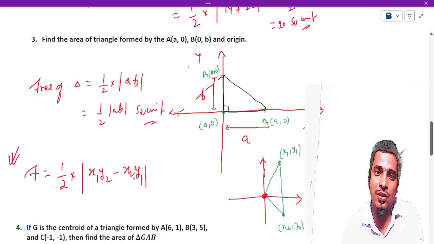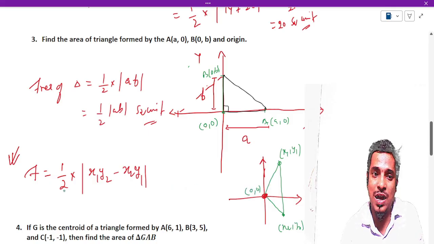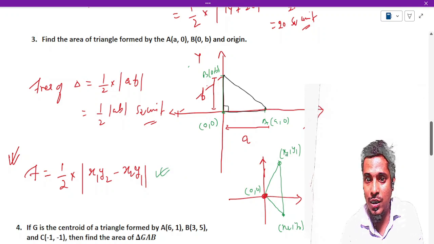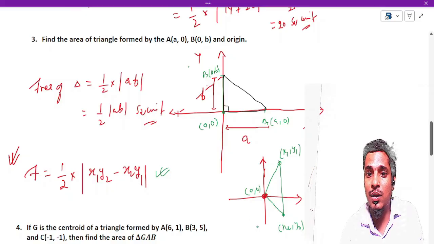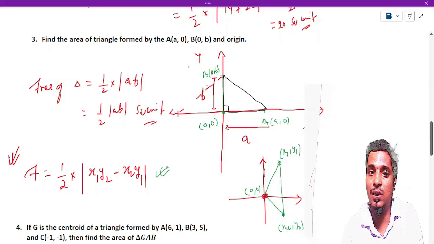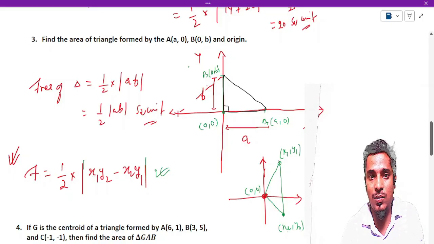To find the area of this triangle, in which one vertex is the origin, we just have to use this formula: half times the x coordinate of the first point multiplied with the y coordinate of the other point, minus the x coordinate of the second point multiplied with the y coordinate of the first one. We find the difference and take the absolute value. That will also give the result. So this formula also we can use to find the area of a triangle.